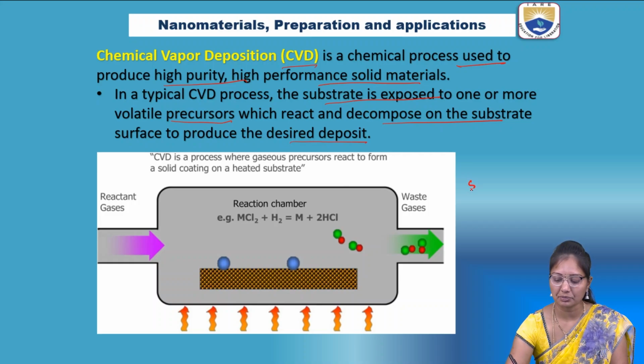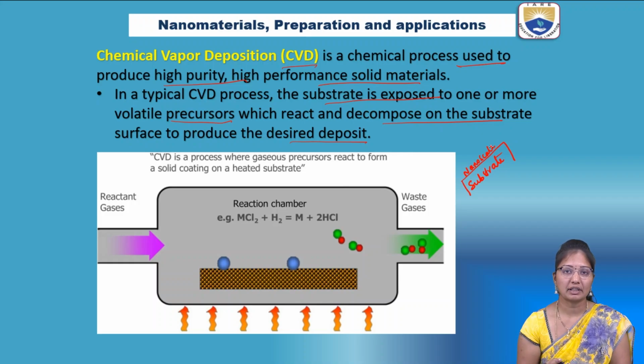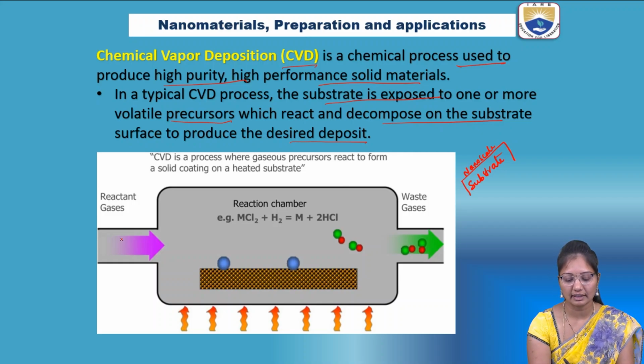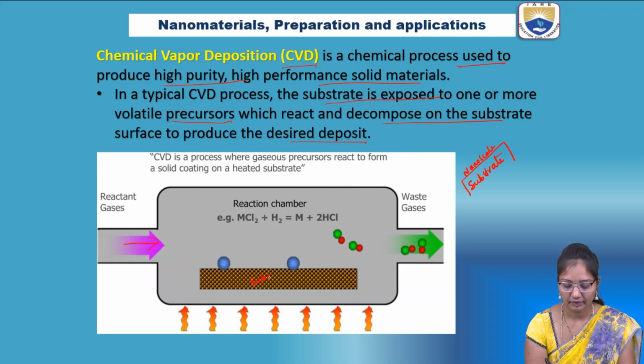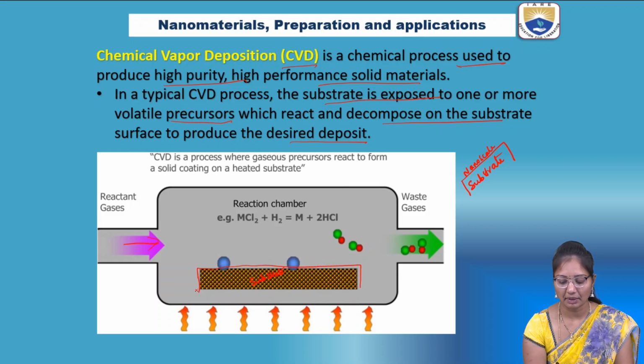This is the substrate. We are going to deposit the nanoscale layer on this substrate. Highly volatile precursors are used. Here these are the gases. The gas will go through this. This is the substrate on which we are going to deposit the nanoscale material.